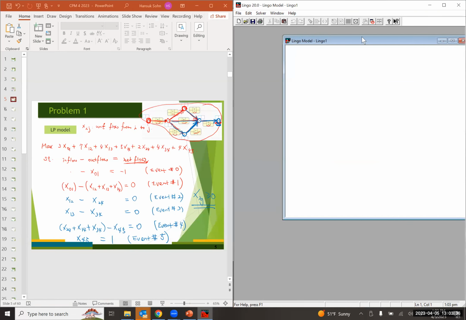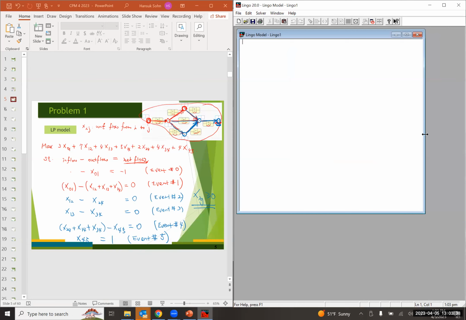And just make sure if the opened window is for Lindo model or Lingo model, and it does say Lingo model. So let's use Lingo input then.